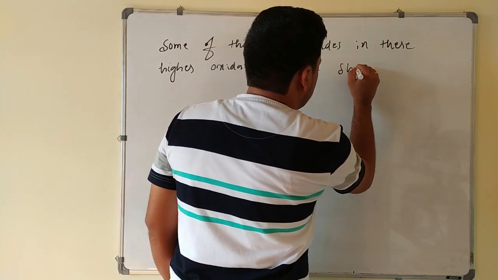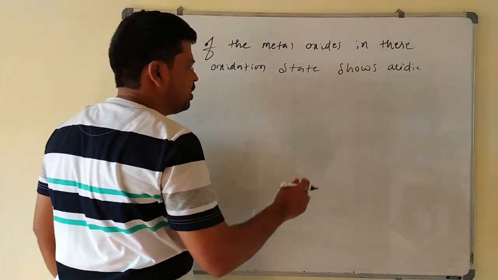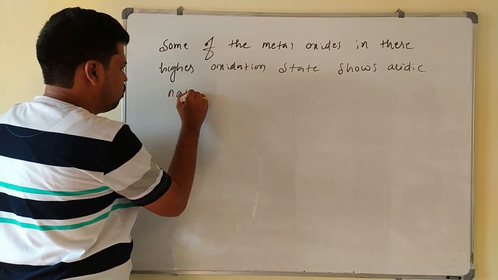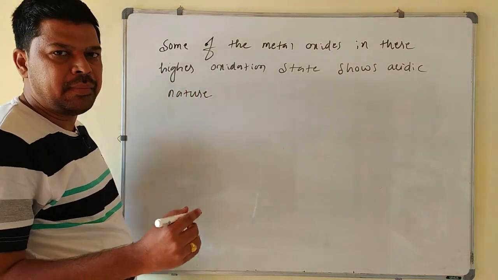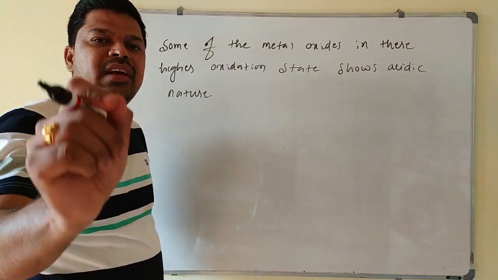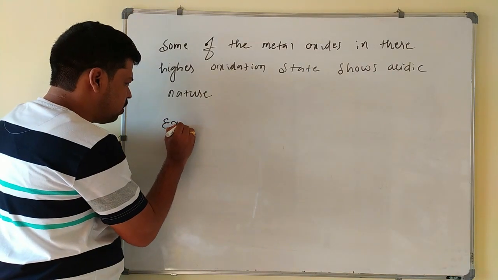Even though they are metal oxides, they will show acidic nature. The point is they must be in their higher oxidation state. Keep in mind. Example I will write here.